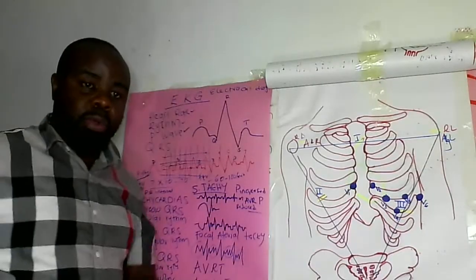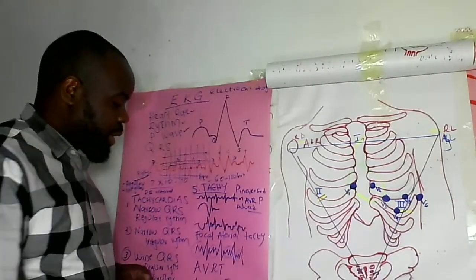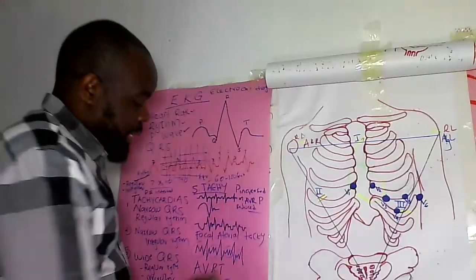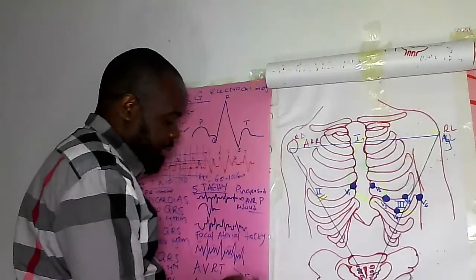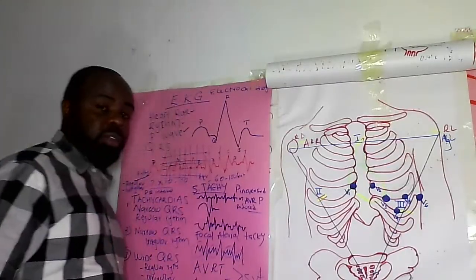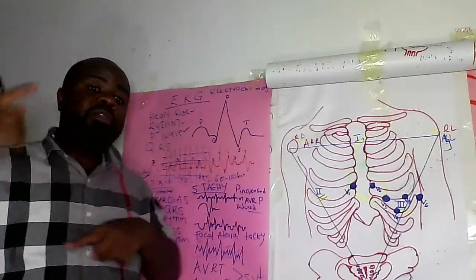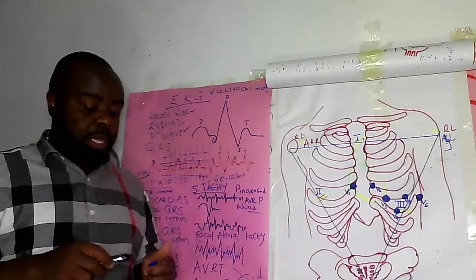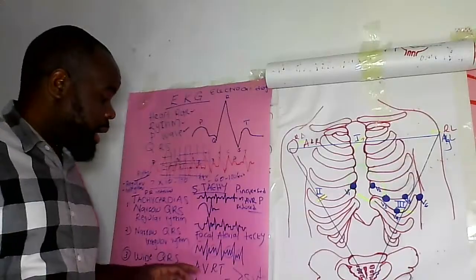So these ones are seen on SVT, supraventricular tachycardia, because the wave is going round and round. This is how we diagnose tachycardias.